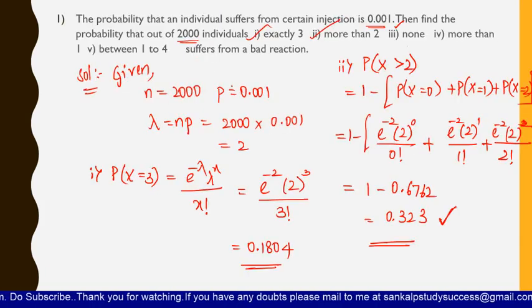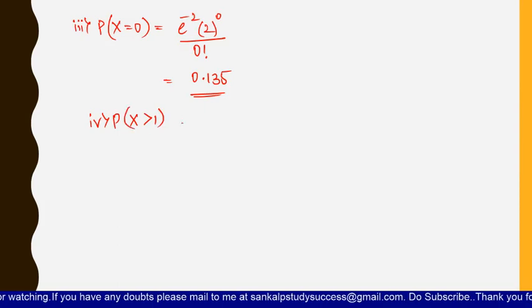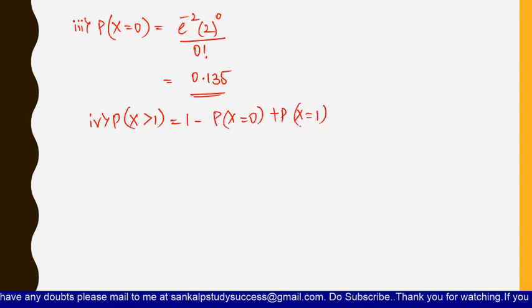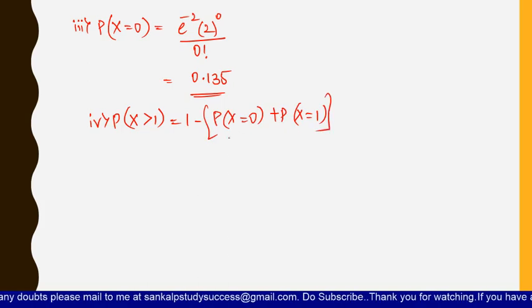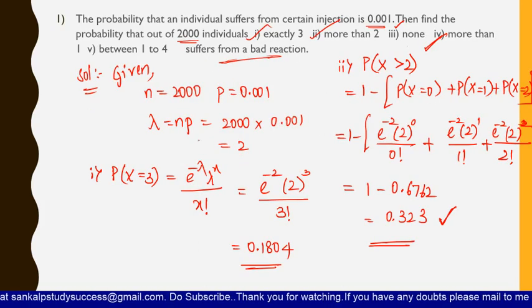Now coming to the next one, here it is more than 1 suffers from a bad reaction. That means P of x is greater than 1, which means 1 minus P of x equals 0 plus P of x equals 1. In this way you can find P of x greater than 1. So 1 minus P of x equals 0, which we already have as 0.135, plus P of x equals 1.